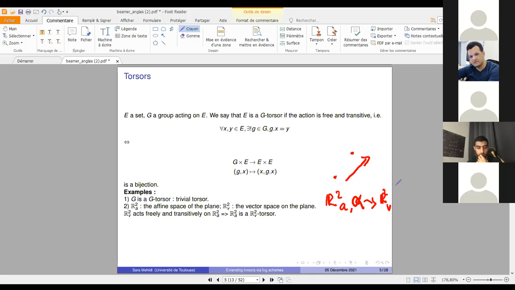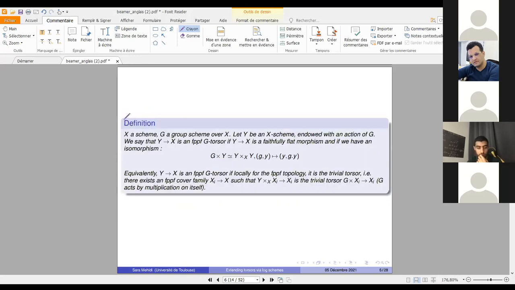And in fact, if the object here is a set, like here, I always have such a trivialization of the torsor. So taking objects to be sets is not very interesting. This is why I will enlarge the category of objects I'm working with, and I will define the torsor in a larger setting. So I take X to be a scheme.